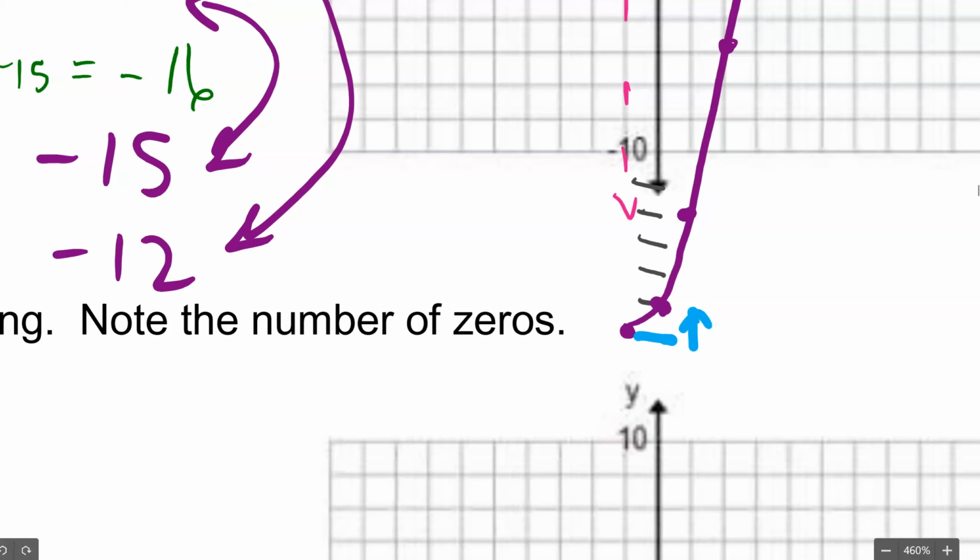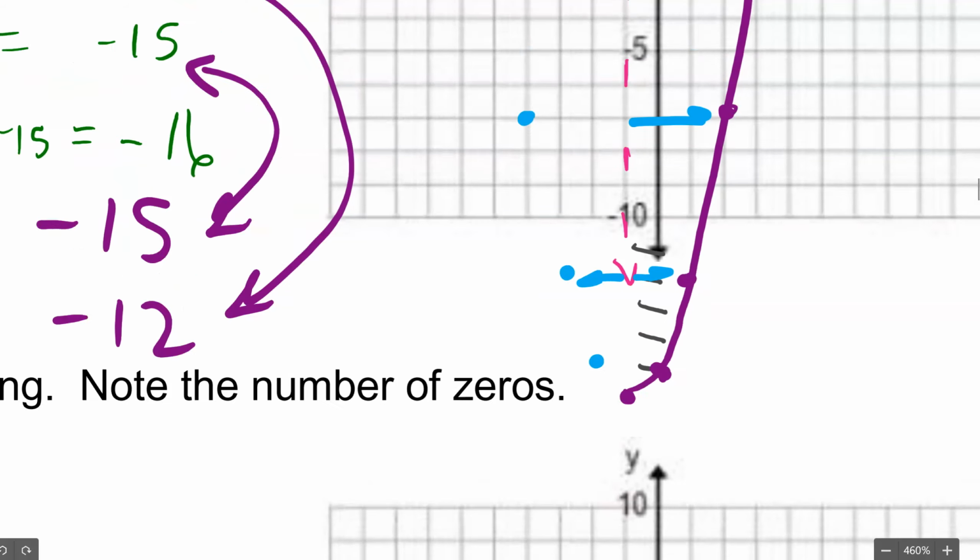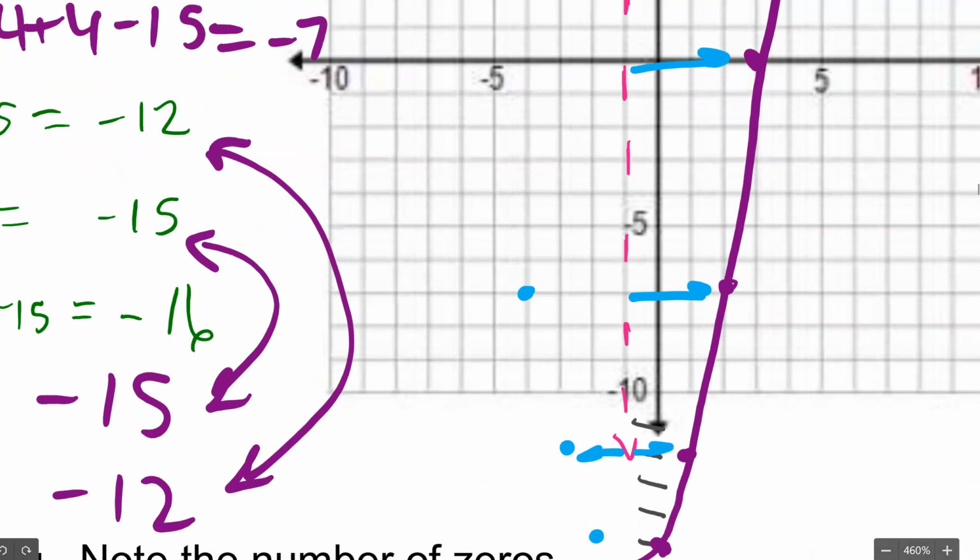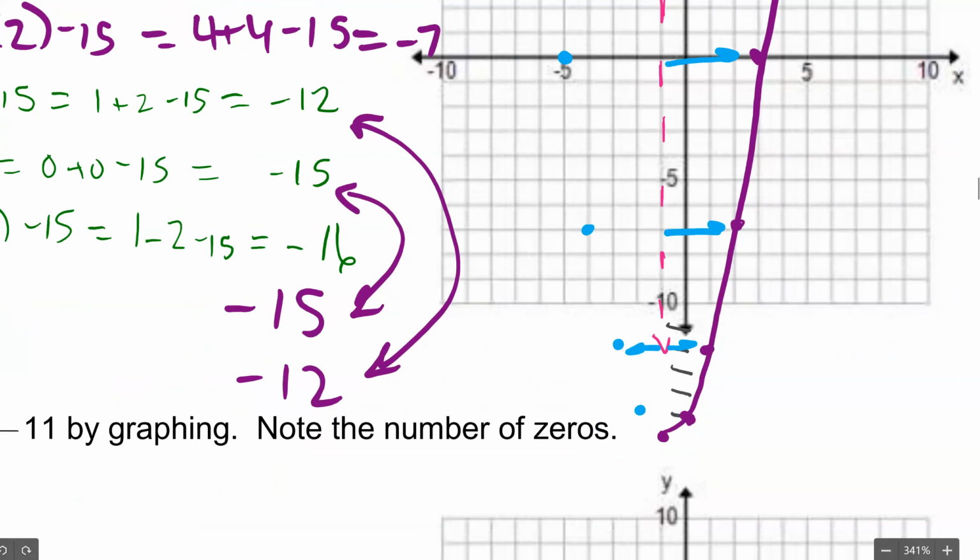That means I'll have a point that's 1 to the left and 1 up. And I'll have a point that is, let's see, 2 left and a couple up. So everywhere I see a point 3 to the right, I'll have a point 3 to the left of my axis of symmetry. I see 4 to the right, I'll have a point 4 to the left. And it's going to be symmetric. The left half looks like the right half.